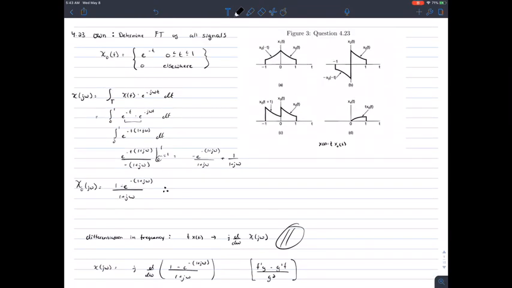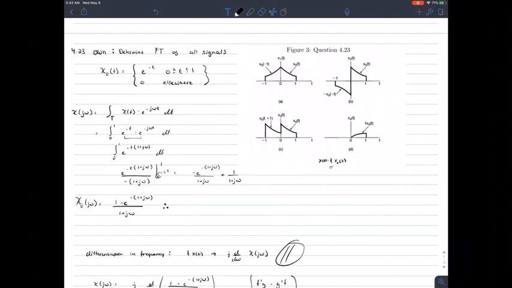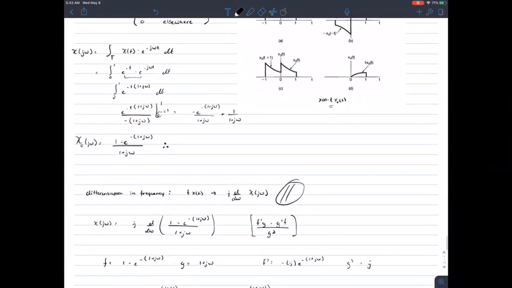So anytime you see x of t having a leading coefficient of something that you would be differentiating by, that's going to be the key. Same thing for all these other ones. You should know how changing the time, or x of t, will affect x of j omega. And most of it's on your sheet, so just realize that it's on your sheet. Okay?